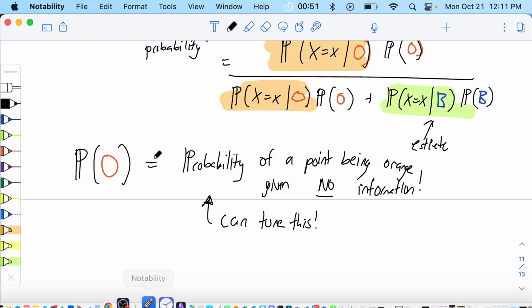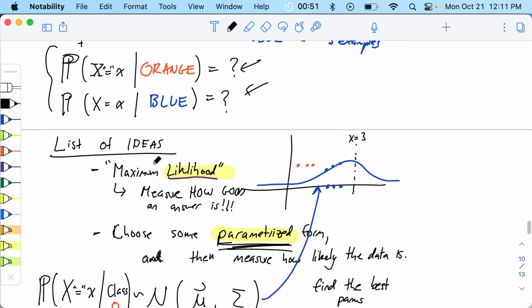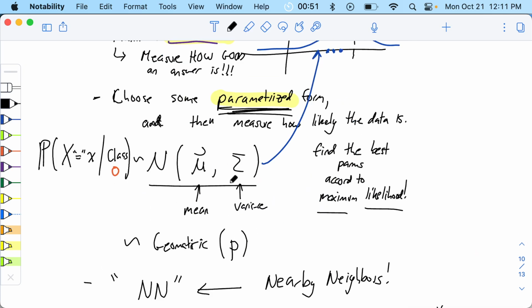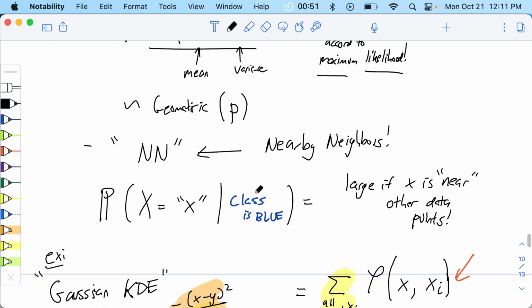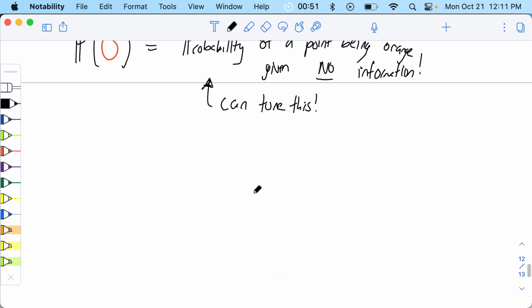So the one you saw in the video was this kind, where you choose a special function and you find the right parameters. And one of them was called the linear discriminator.